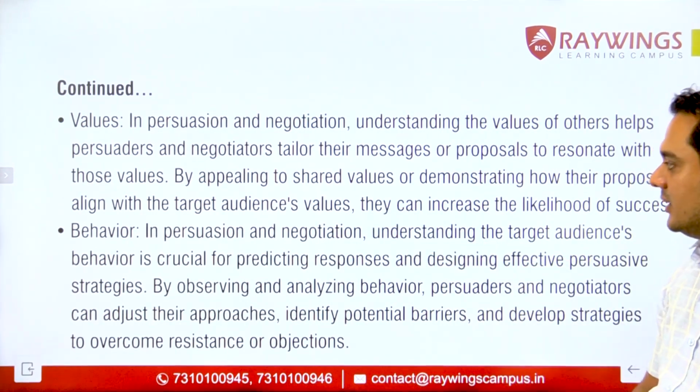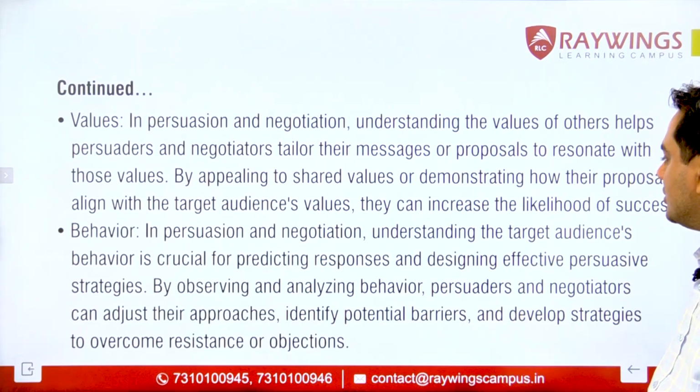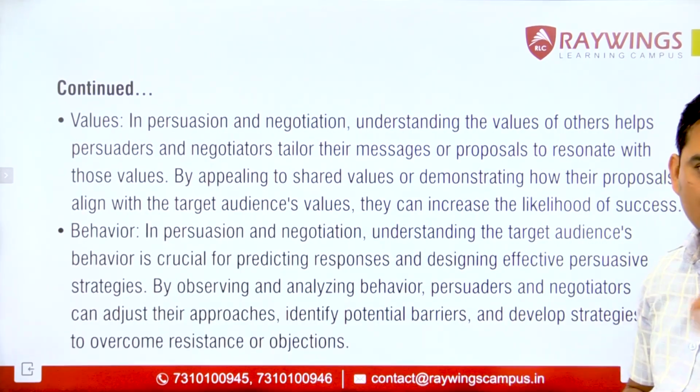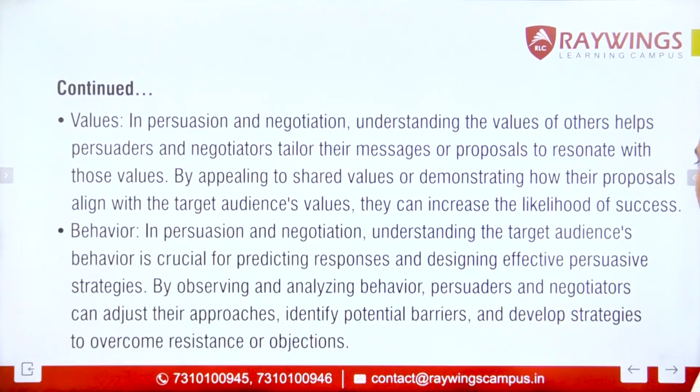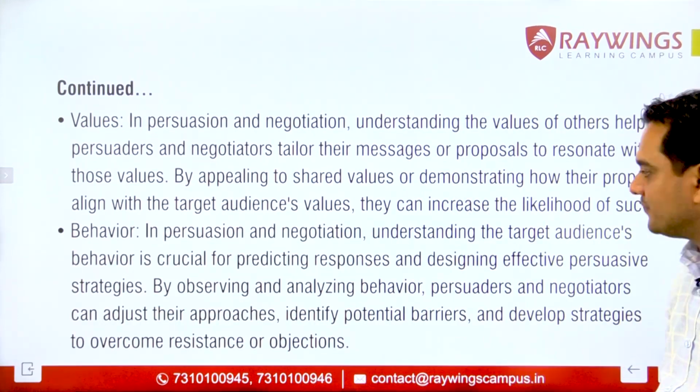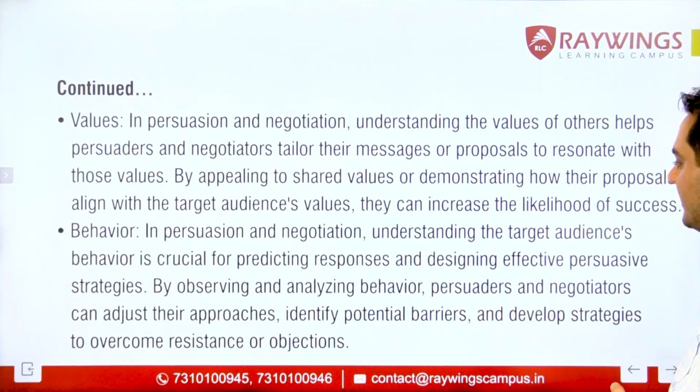Next is behavior. In persuasion and negotiation, understanding the target audience's behavior is very crucial for predicting responses and designing effective persuasive strategies. Also, by observing and analyzing behavior, persuaders and negotiators can adjust their approaches, identify potential barriers, and develop strategies to overcome resistance or objections.